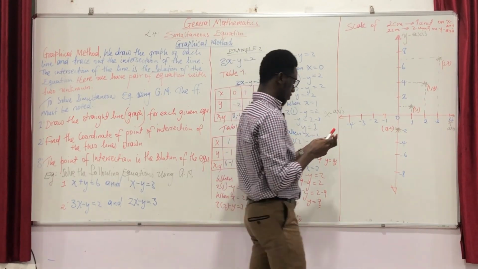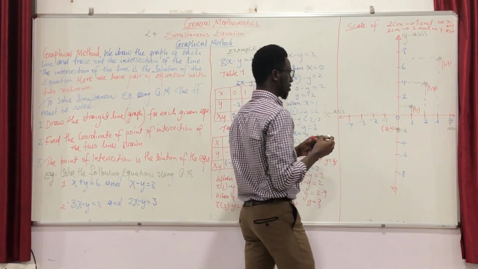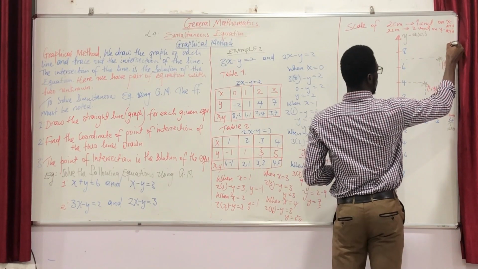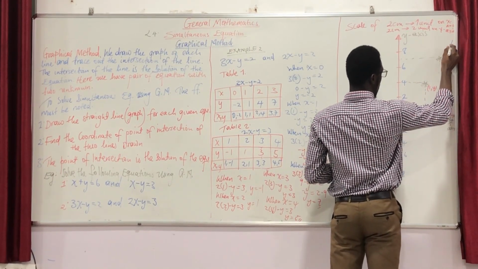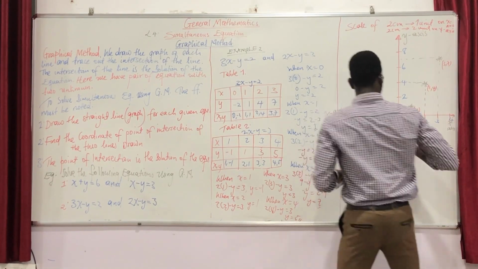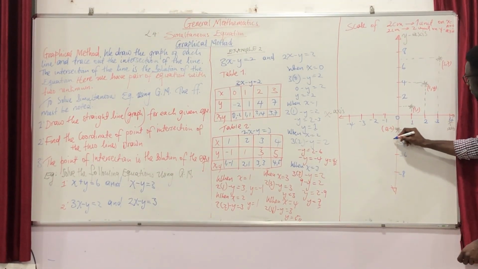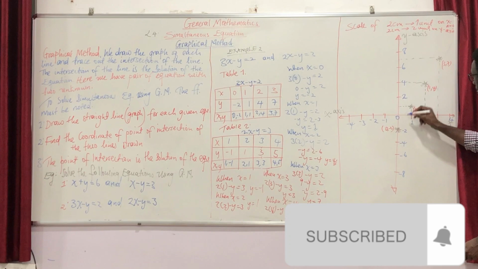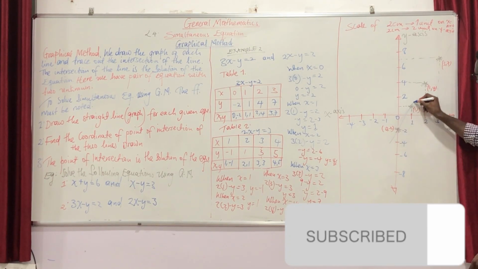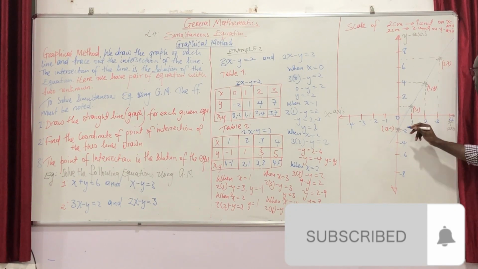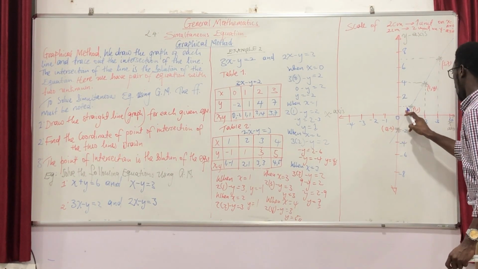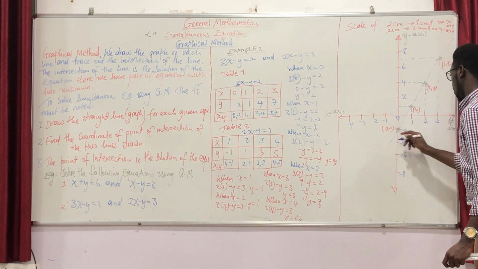So now we can just try to trace these points and draw our line. This is like a straight line here. This is the line.